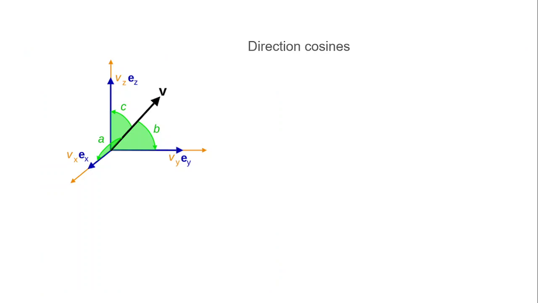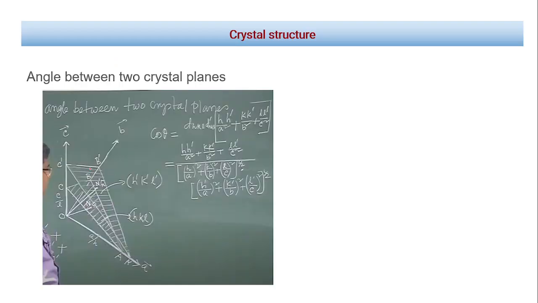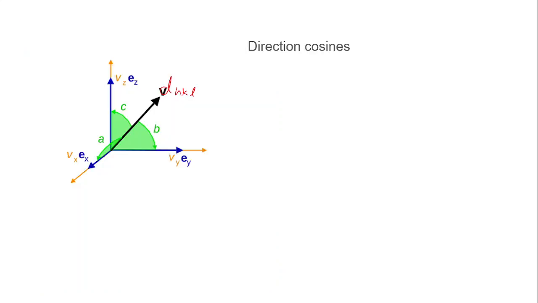We were talking about this d HKL normal to the plane, and to understand how we take the direction cosines of this d vector corresponding to the x, y, z axes: direction cosines means, whatever that vector is, the cos of the angle that it makes with the x-axis, y-axis and z-axis.